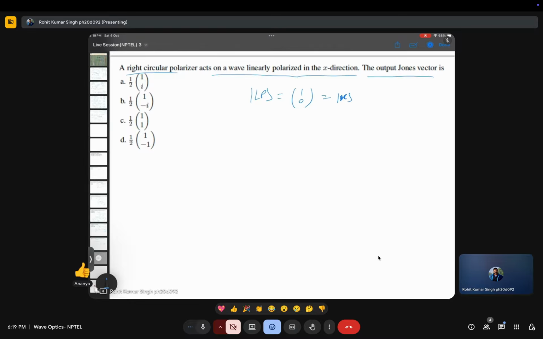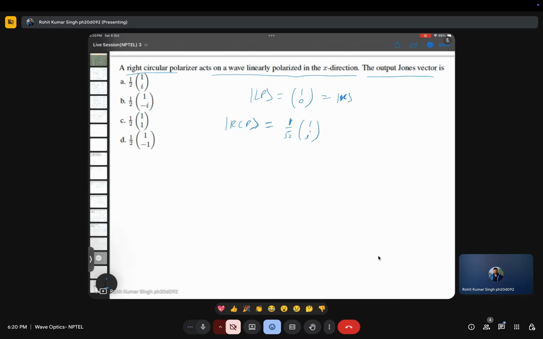Now, how to represent... okay, and also we know the right circularly polarized vector, which is 1 by root 2 times 1 i.